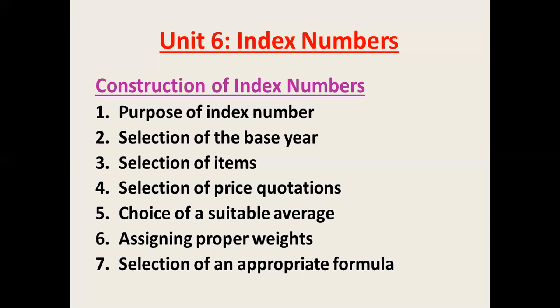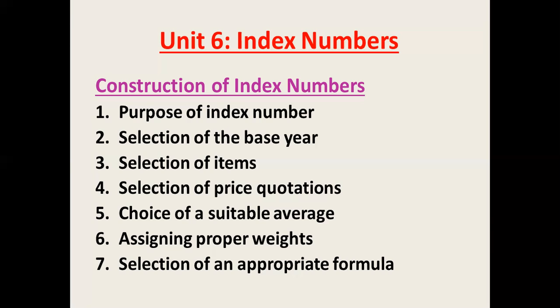Then the next point is the selection of the price quotations. The next step is to select the prices of these commodities. For this purpose, care should be taken to select prices from representative persons, places, journals or other sources. The prices of the selected commodities may vary from place to place and shop to shop in the same market.